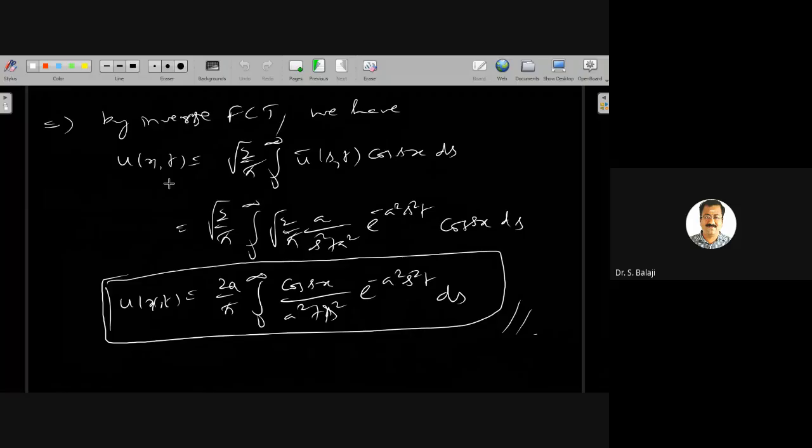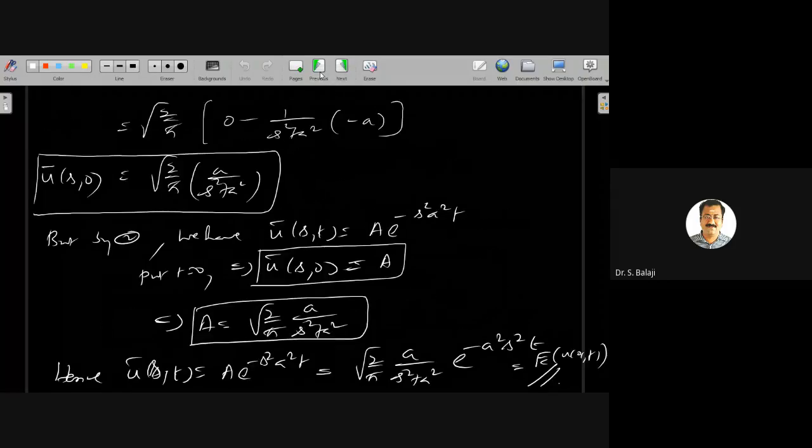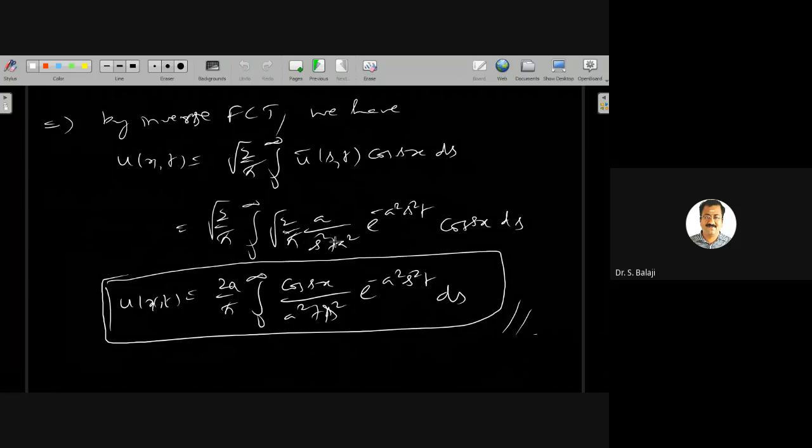u x comma t is equal to root of 2 by pi, instead of Fc of s, you can use u bar s comma t for the cosine transform, integral 0 to infinity u bar s comma t cos sx ds, which is root of 2 pi by a by s square plus a square e power minus s square a square t cos sx ds.